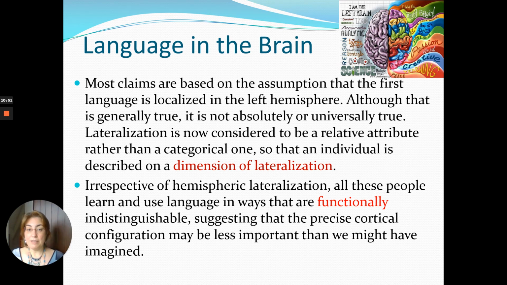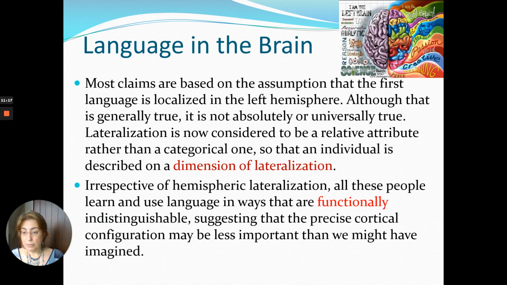So it might be that there's more than one place in the brain that we can use to specialize on language, functionally speaking. And we know that also because people who are unfortunate enough to have had a stroke or an accident and they lose language, they might reuse other parts of the brain for that purpose, for developing language.